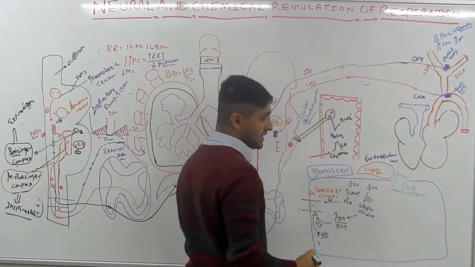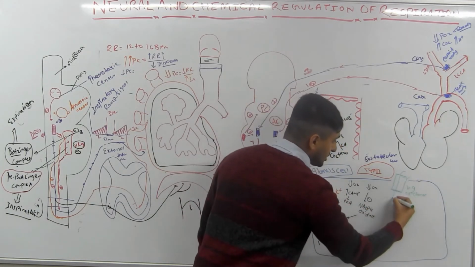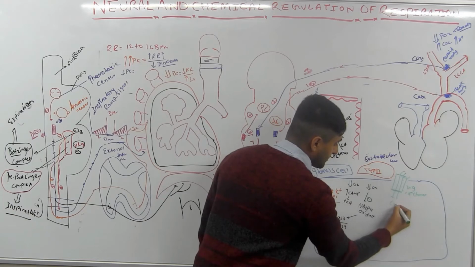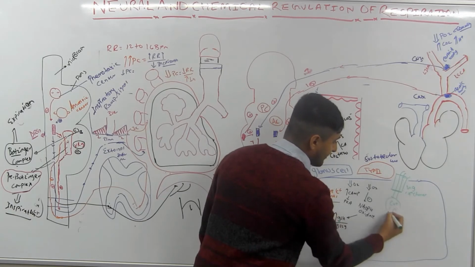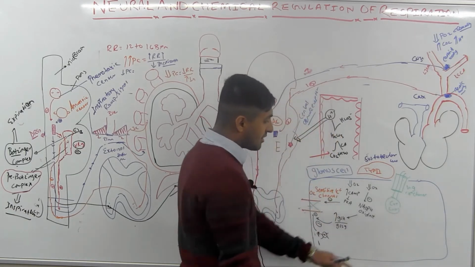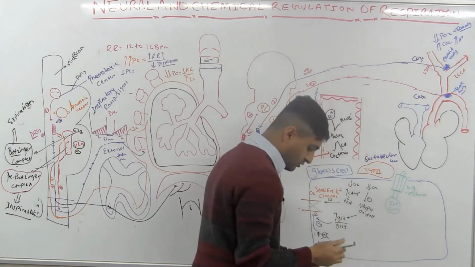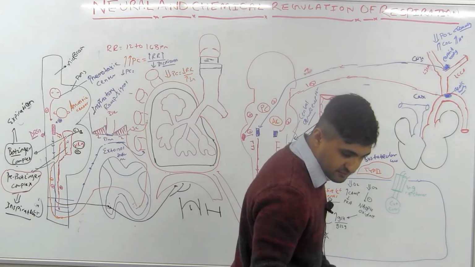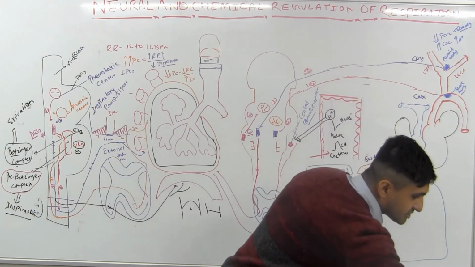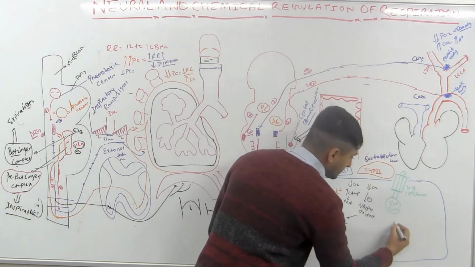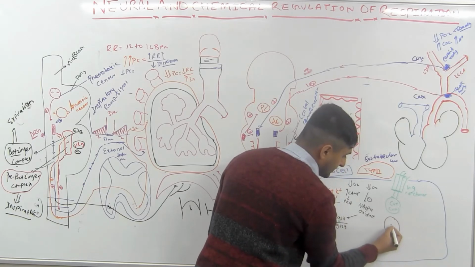So whenever the voltage gated calcium channel opens up, calcium will rush in. This large amount of calcium is going to trigger the vesicles. There are some vesicles present down here, I'll make them in a different color. There are a lot of vesicles there.